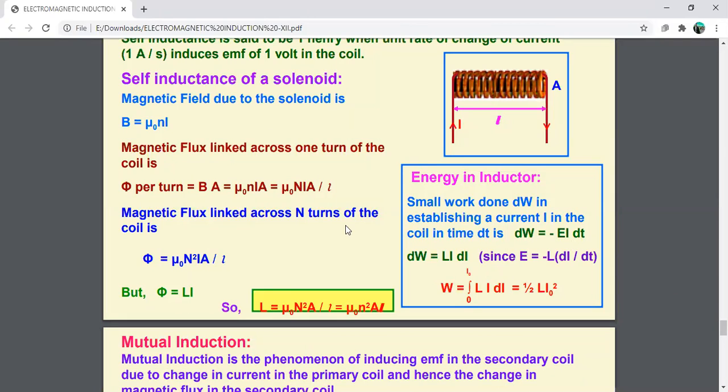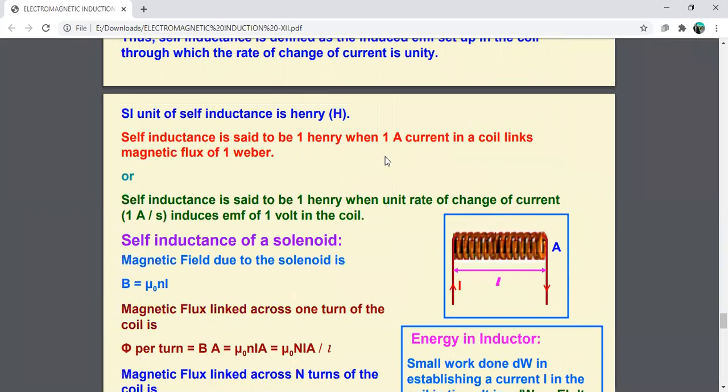Now you see here, we have to integrate this expression because this is the differential work done for a differential time interval. So in place of E, I and dt, we can place E equal to what?